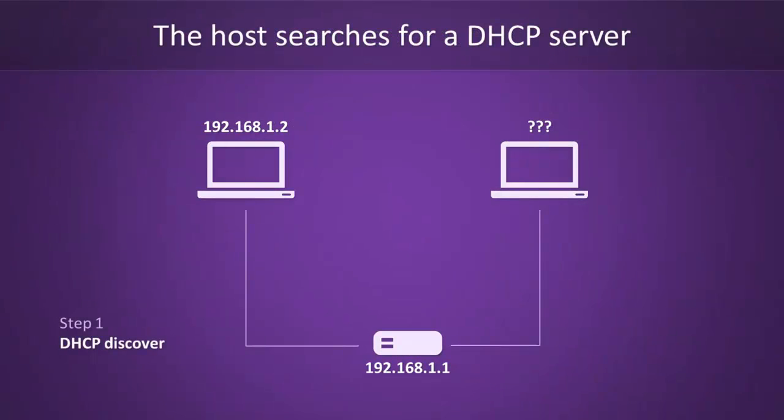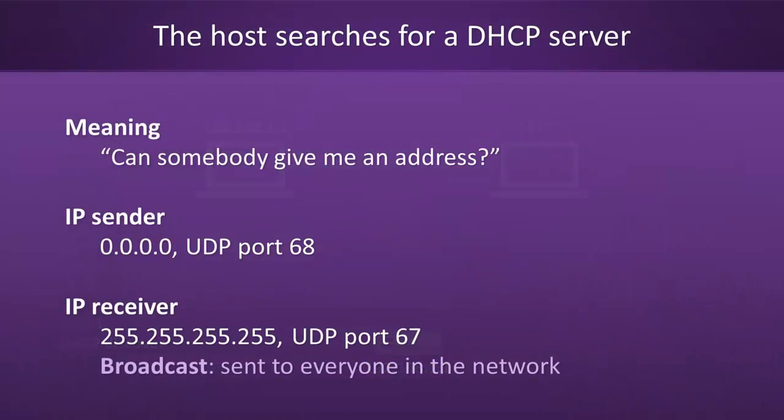Let's consider what happens when a new host appears. Step 1 of the process is the DHCP discover step. This is where the host searches for any available DHCP servers to get an address from. Since the host does not know where our DHCP server is, it will just send out a discover request to everyone on the network. This is called broadcasting. To put it in human language, the new machine asked everyone for an address.